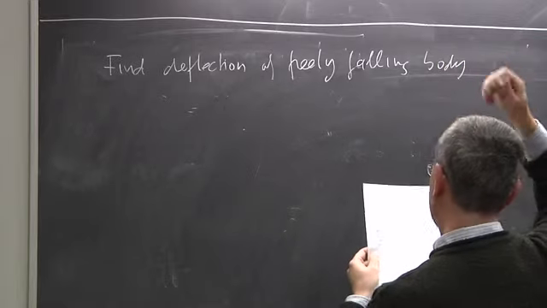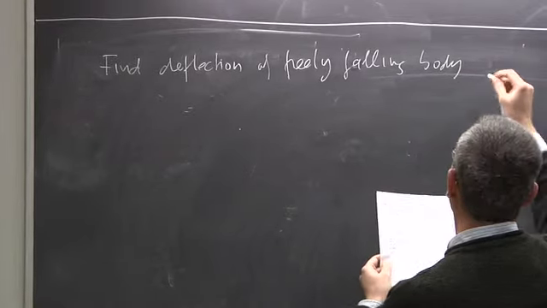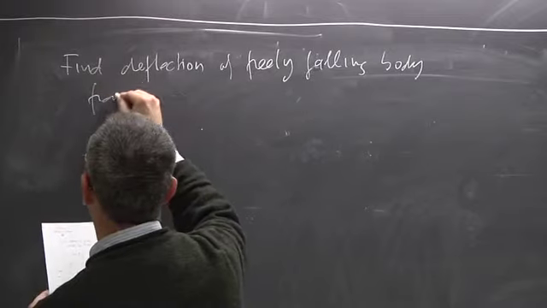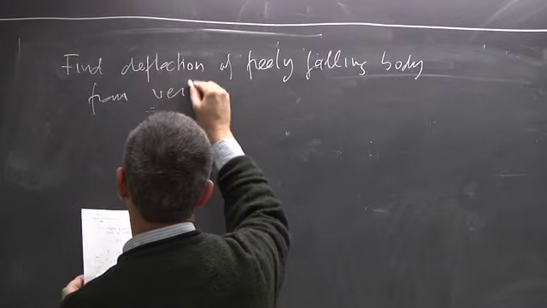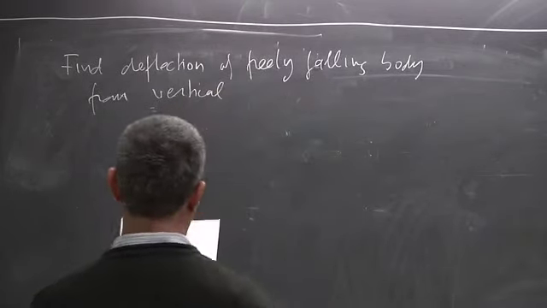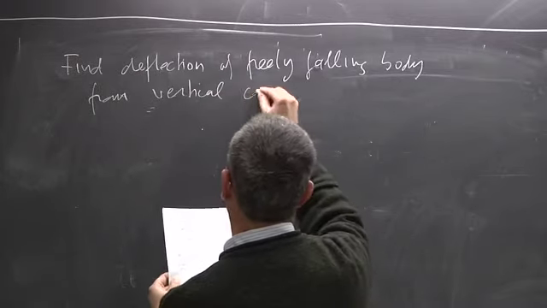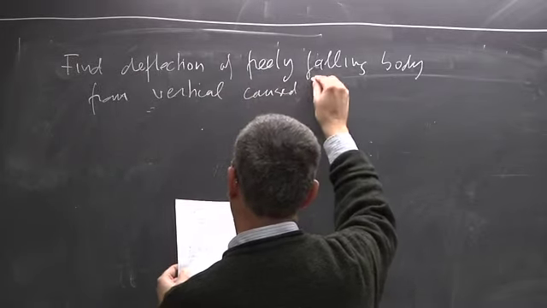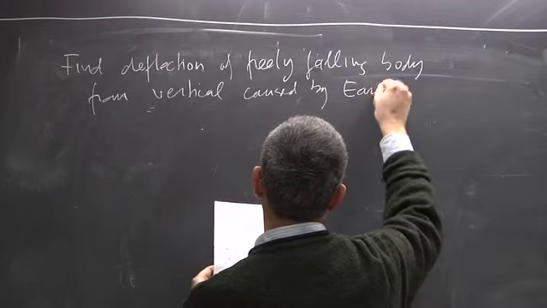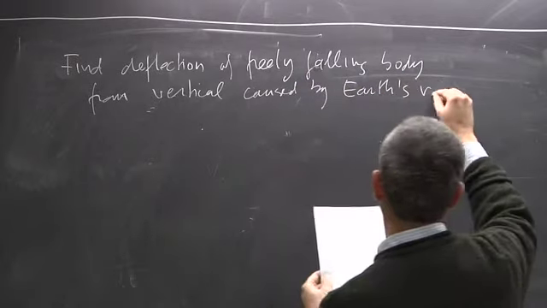Take a point mass, drop it from the vertical, the deflection caused by the Earth rotation.